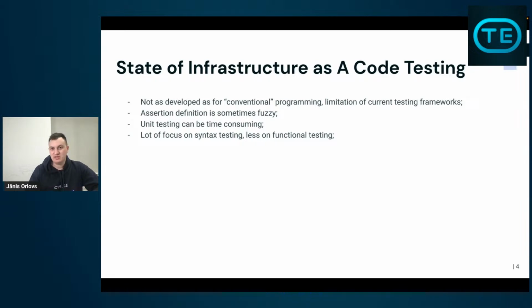Unit tests take much more time than a standard unit test for a general purpose language. If it's well written, it just takes milliseconds. But for example, creating a Kubernetes cluster can take up to 20 minutes. So it's pretty painful to test.